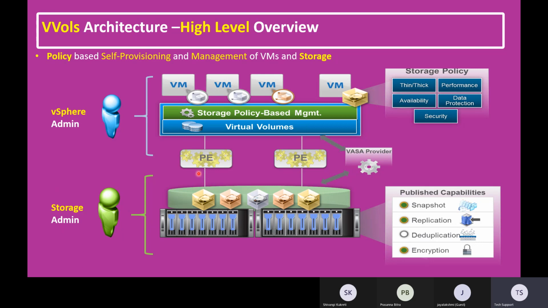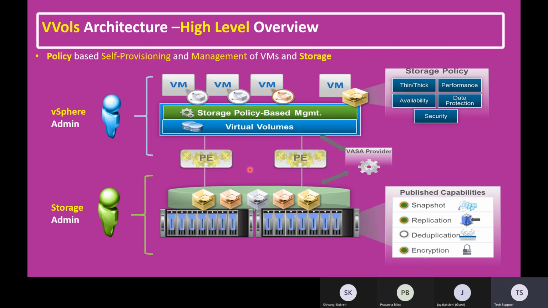When we remove the LUN concept, it requires a protection endpoint. This PE is nothing but a protection endpoint. It's almost similar to a LUN. The benefit of the protection endpoint is that it allows you to connect multiple profiles.